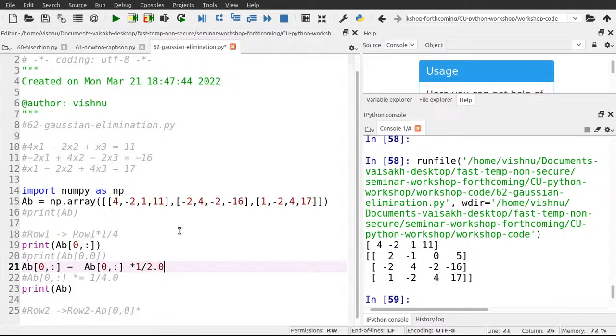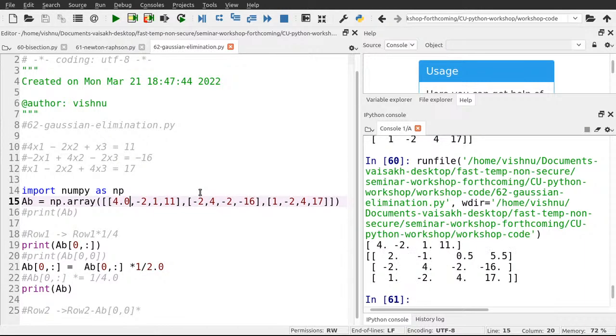Okay, 1.2.0, maybe 4.0 if I include. Oh, I think that's the problem. Oh, somehow it's a strange behavior that we are having integer items. It's treating everything as integer. That's somewhat surprising.